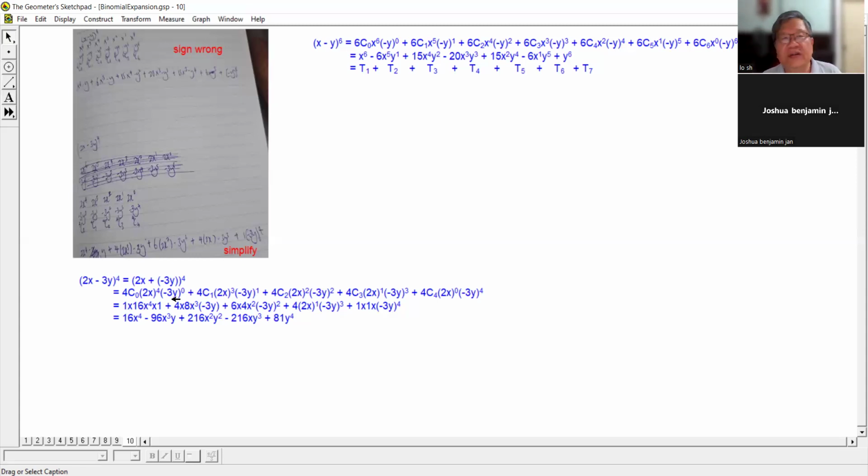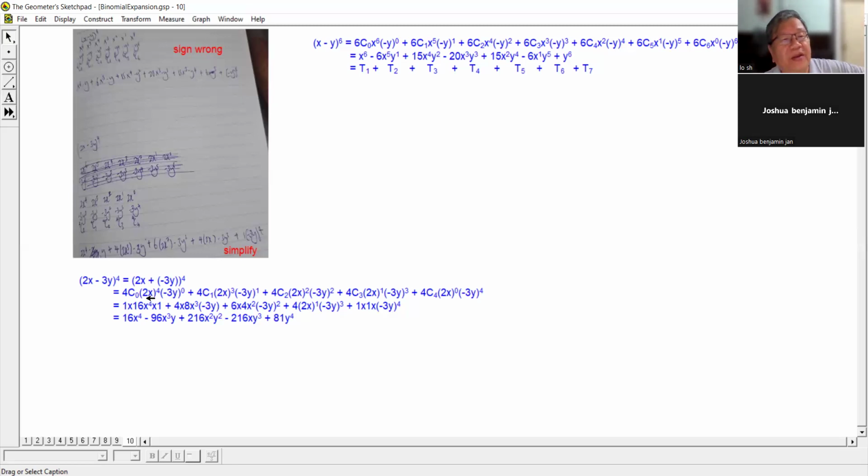Even if you have 1,000 there, raised to the power 0, it's only 1. So this negative 3y is just a number. Although I don't know what the number is, if it's raised to the power 0, it's 1. If raised to the power 1, it's exactly the same. So I have written down the first term. Here 4C0, here b to the power 0, a to the power 4.